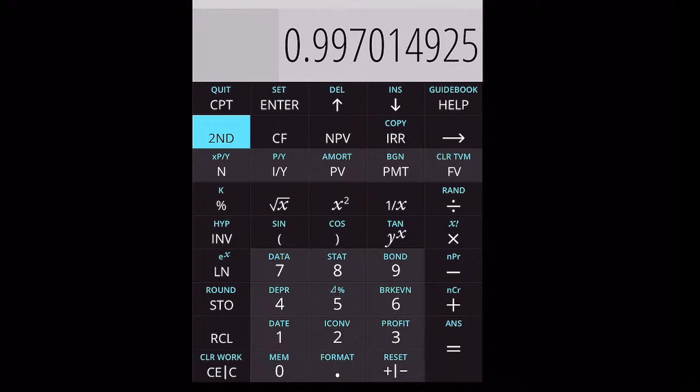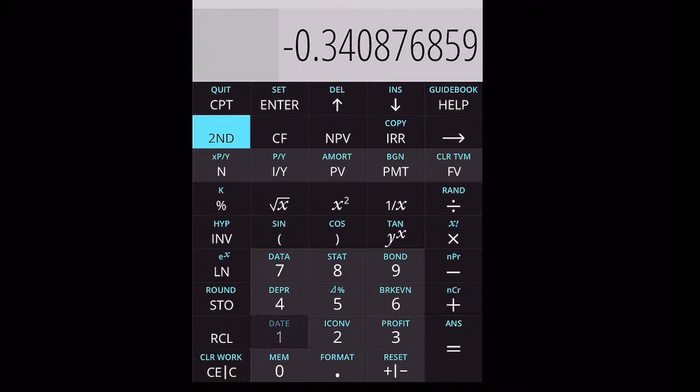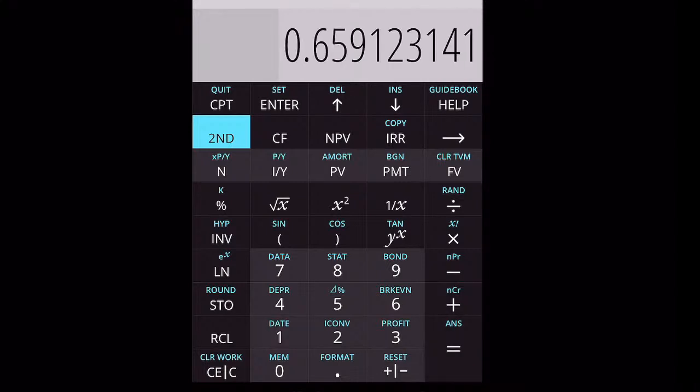Okay, and then power 360 equals, change to a negative, +1 equals, multiply 100 equals, divided by 0.003 equals. Maybe you didn't use brackets, or I don't know. I get that answer. Gotta keep trying, okay? Keep practicing.